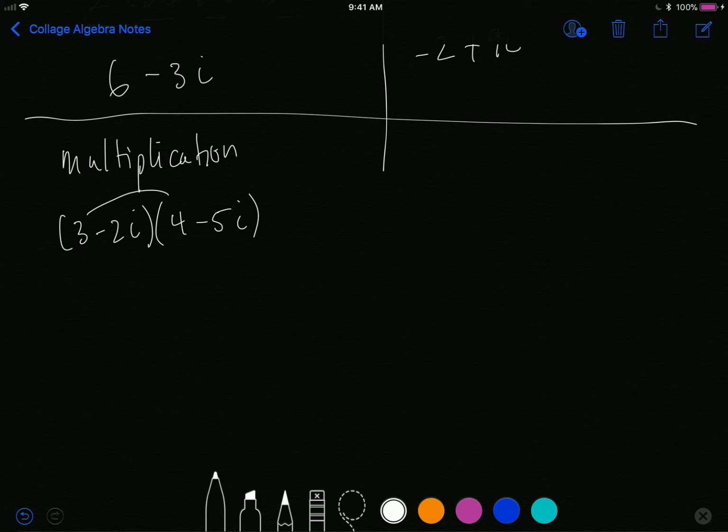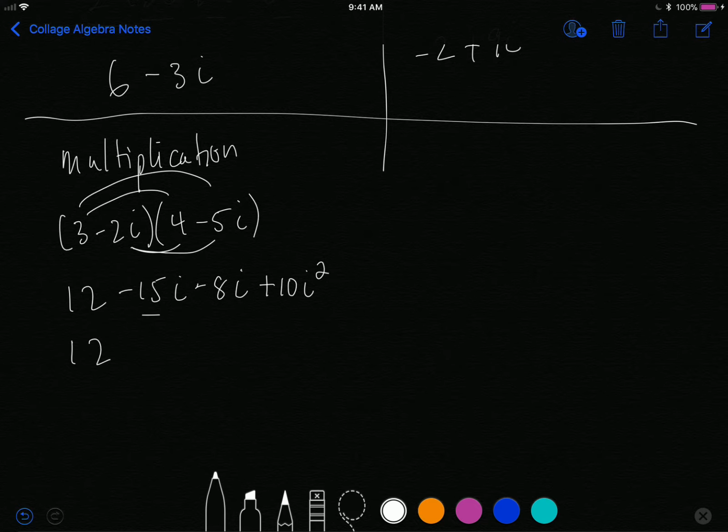So 3 times 4 is 12. 3 times negative 5i is negative 15i. Negative 2i times 4 is negative 8i. And then negative 2i times negative 5i is plus 10i squared. We have some simplifications to do. So this right here is 12, negative 15i, and negative 8i is negative 23i.